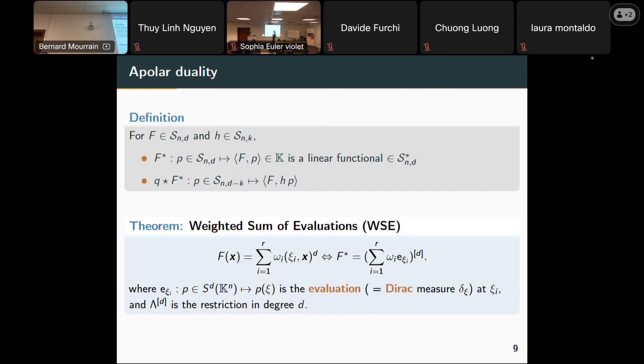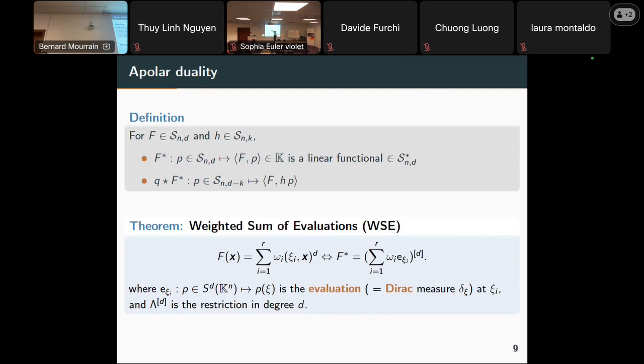This is a linear functional living in the dual of S_{d-k}. And how do we define this H times F star?